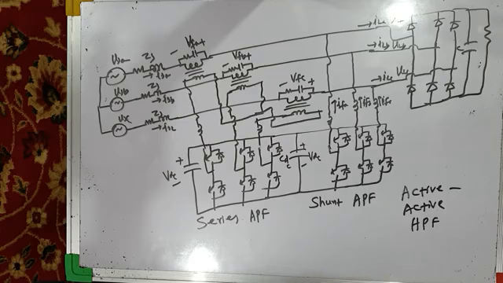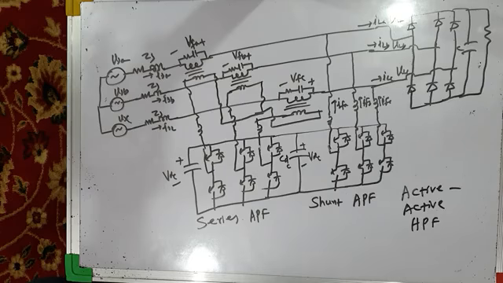And also we discussed hybrid power filters, which is a combination of shunt and series power filters. Both may be passive, one of them may be active, or both may be active. So this is a wide variety of power filters, active and passive power filters, shunt active power filter, shunt passive power filter, and hybrid power filters, which address various types of voltage and current related power quality problems very elegantly.